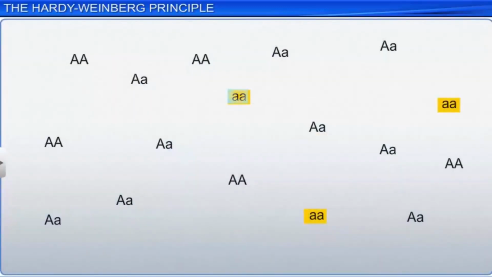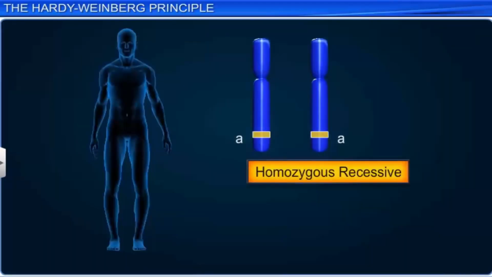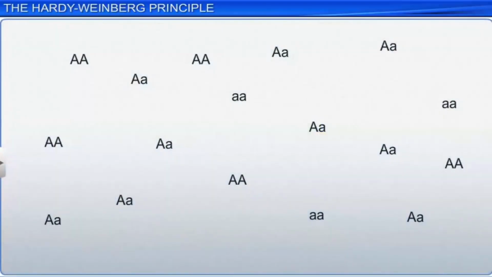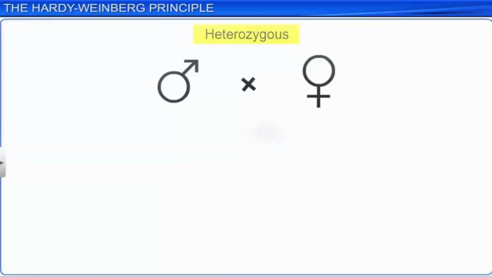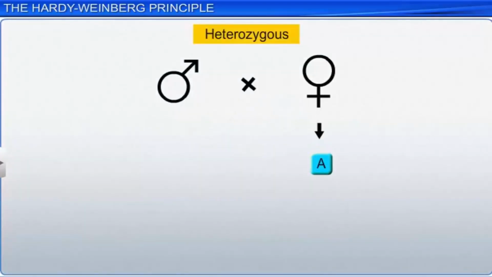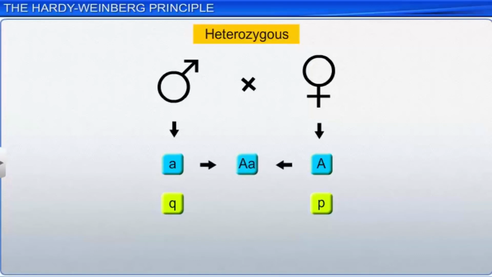Similarly, the frequency of a homozygous recessive individual, or small a small a, is q squared. Since there are two ways of forming heterozygotes, or capital A small a, that is, capital A allele from the mother and small a allele from the father, and vice versa, the frequency of a heterozygous individual, or capital A small a, is 2pq.